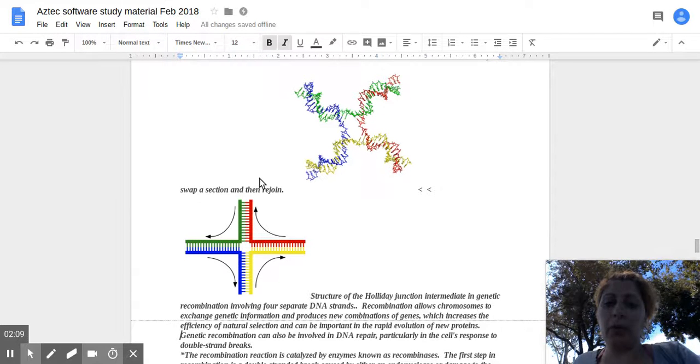So you have a number of combinations of genes you can have, and this is why siblings don't look identical.